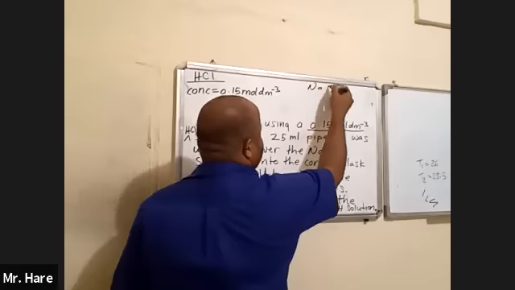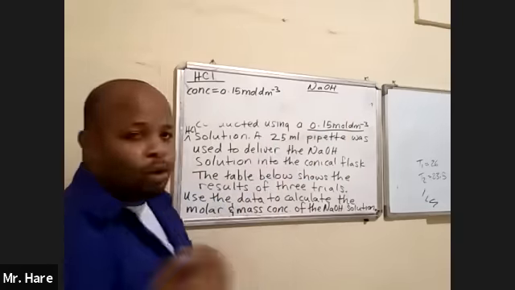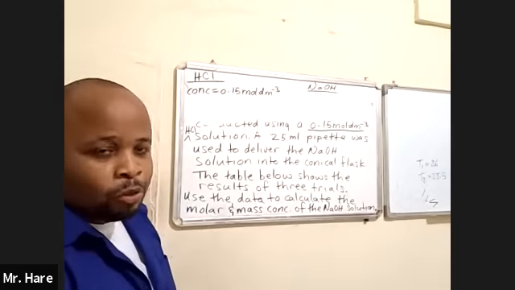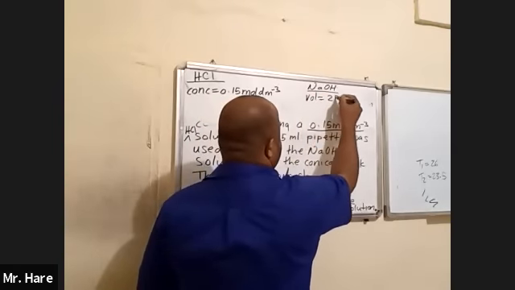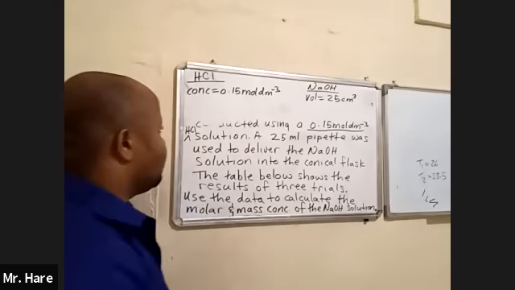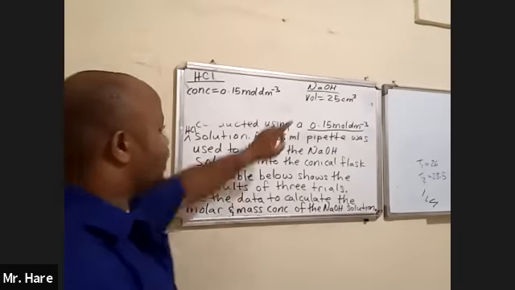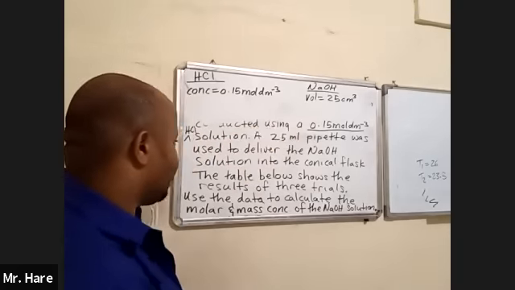The volume of what? Sodium hydroxide. Right. Because if you are using a 25 ml pipette, what volume are you using? 25 cm cube. That is correct. So the volume is here. Remember cm cube and ml are the same thing. So at this point, we have the volume of sodium hydroxide.